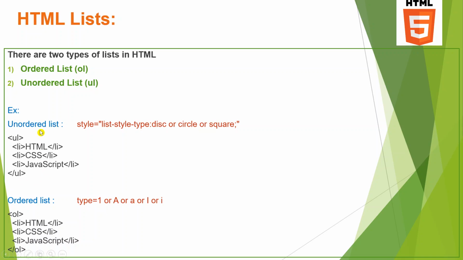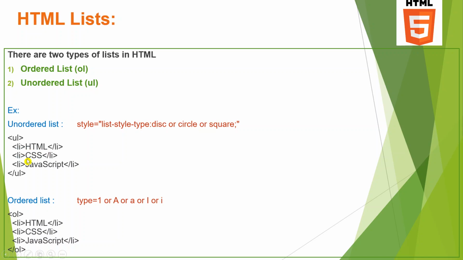Unordered list means there is no order for that list. It is declared using ul tags, and inside the ul tags li tags should come. li means list element.